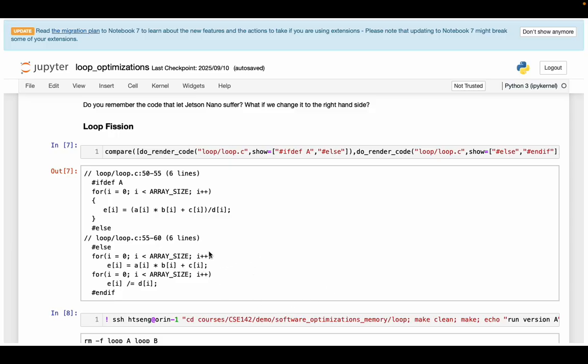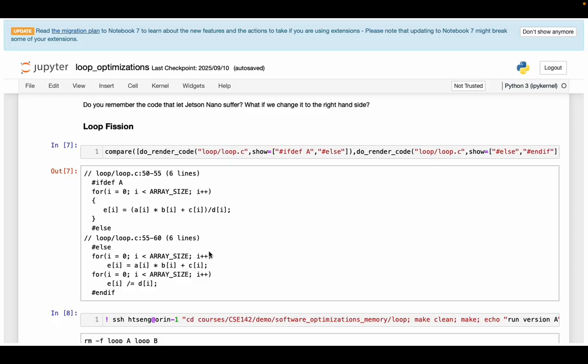So the idea of loop fission is that this is the original code, and this is probably the code that you like to write most of the time because it's elegant. One iteration, one loop, and it says E[i] equal to A[i] times B[i] plus C[i] divided by D[i]. The other version that we demonstrated is, instead of one loop, I separate them into two different loops.